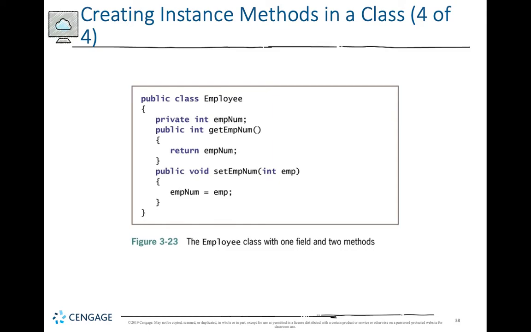What is the mutator method here? Set employee number. And you can see that it's passing in an int. It's assigning it to the value imp number. And the accessor method is what? Yeah, get employee number. It has a return type, and it's saying to get it.